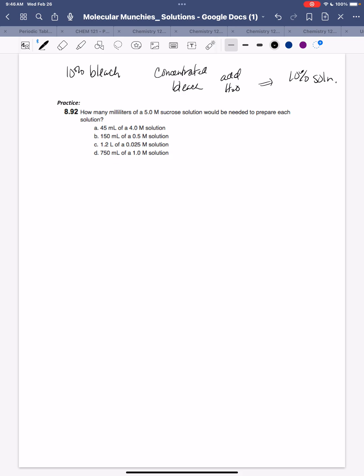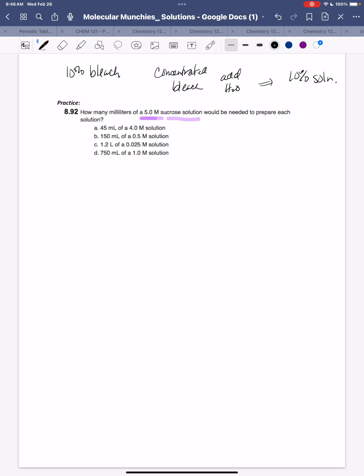We're just going to do a couple problems, and as per usual, I'm going to leave you guys to work on the rest of them. In general, we're just going to work through how to make a dilute solution. First, we're going to start off with a concentrated solution. We're taking 5 milliliters of a sucrose solution. So this is just sugar, right? We're diluting sugar.